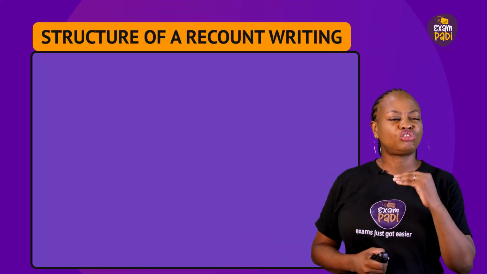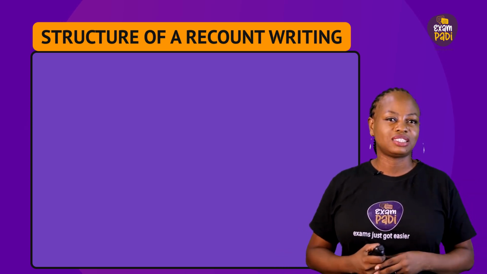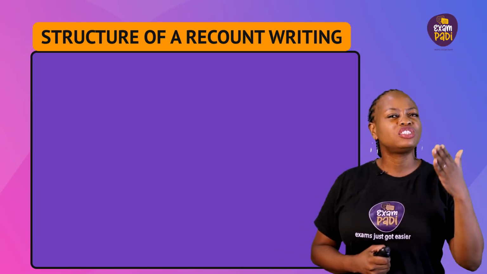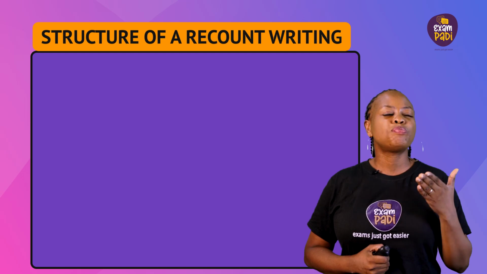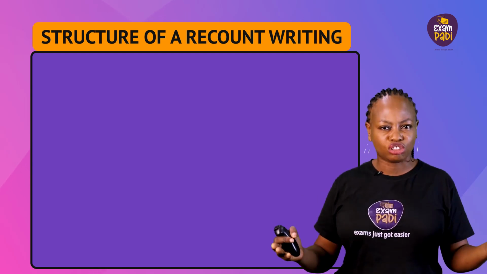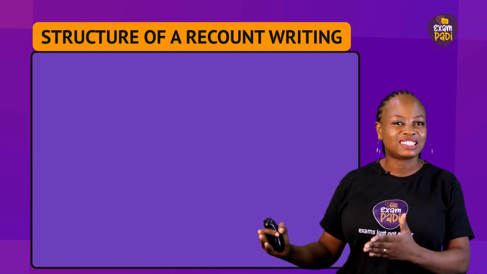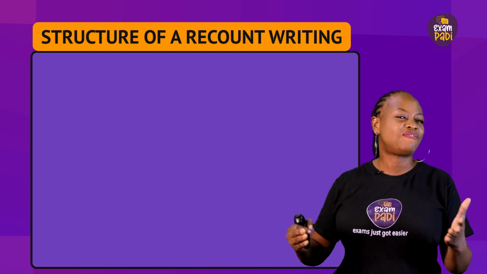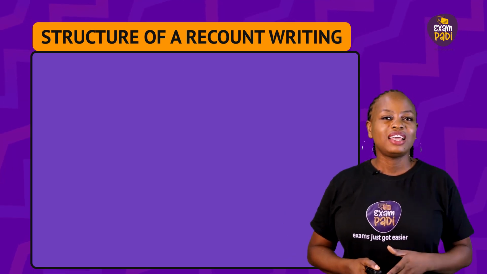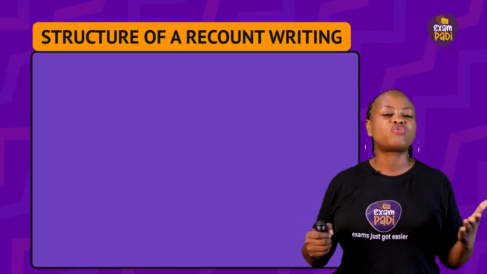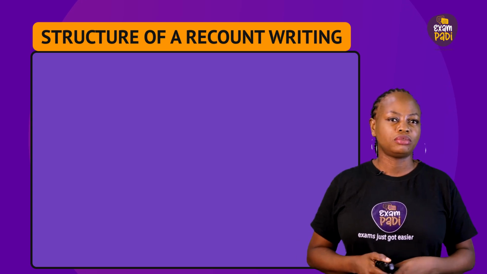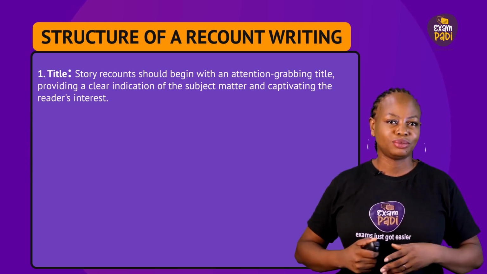Now, let's look at the structure of a recount writing. When writing a recount story, it is important to follow a clear structure to ensure consistency and engage the readers effectively. Here is a typical structure for writing a recount story. 1. Title.